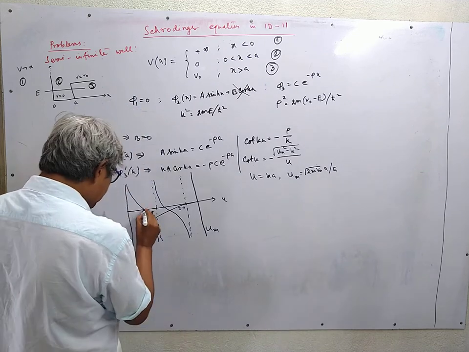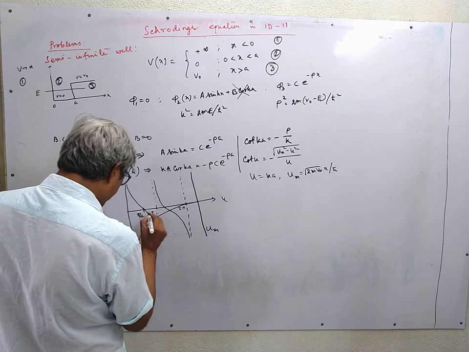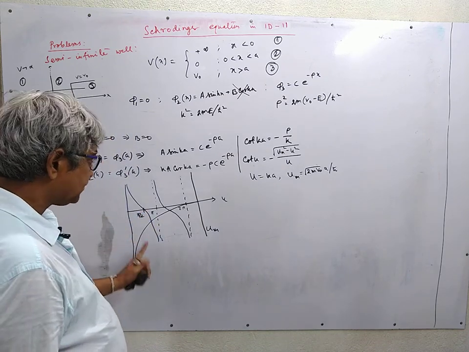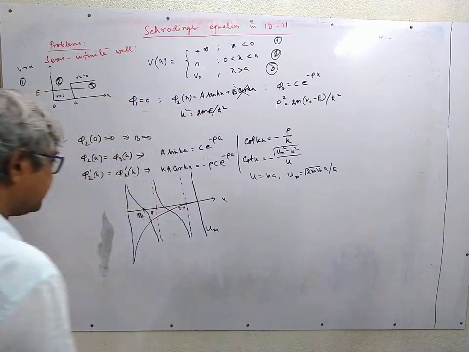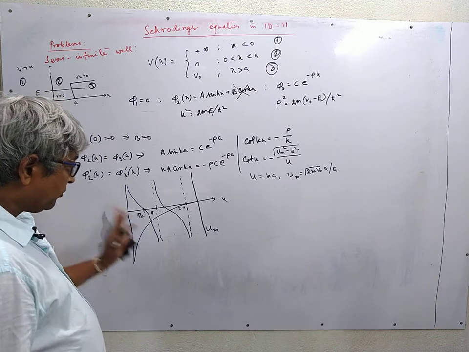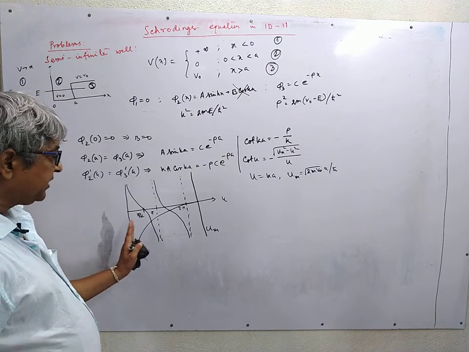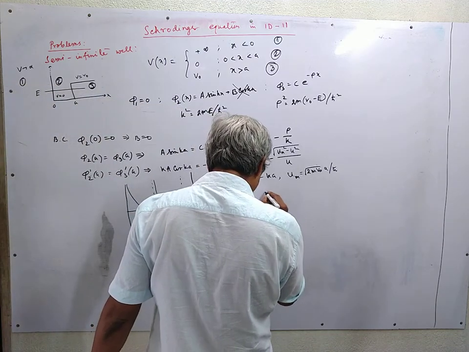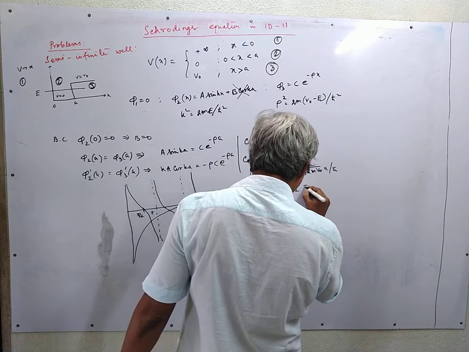You see this is pi by 2. If the strength of the potential u_m is less than pi by 2, there is no bound state. The bound state will be there only if u_m is greater than pi by 2. So if u_m is less than pi by 2, no bound state.